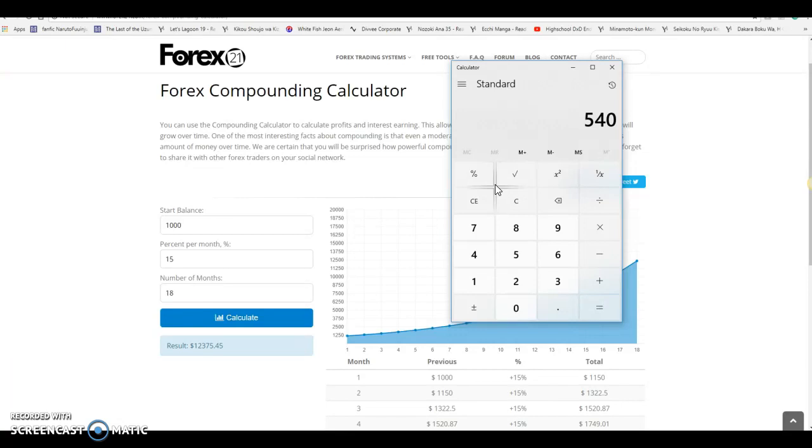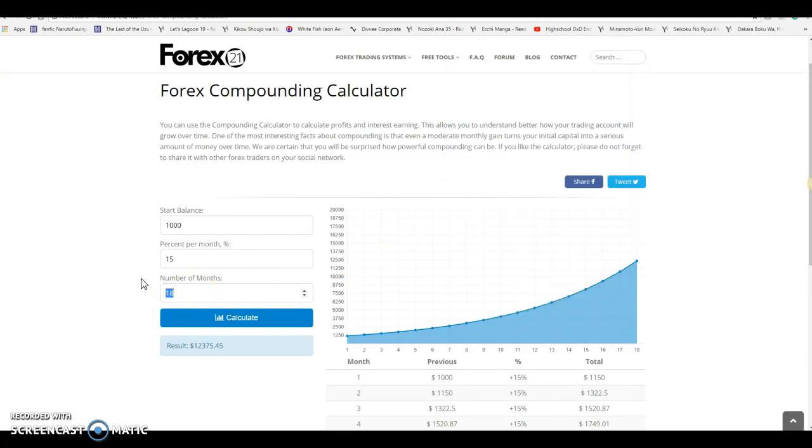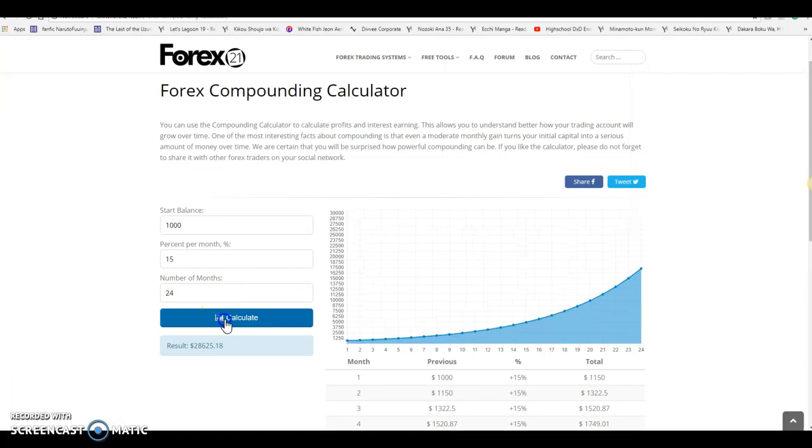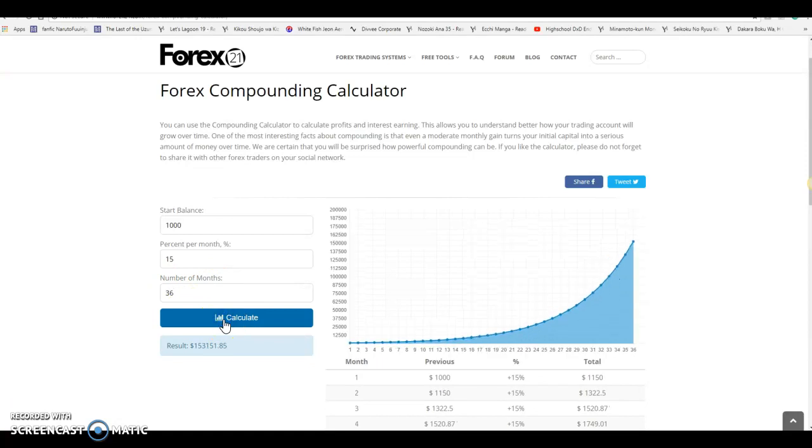So that's not bad. For 24 months, just letting it compound, you get $28,000. 3 years of trading, you get $153,000. And 4 years, which is the amount of years most people pay on car notes, 4 years of trading, you get $819,000.